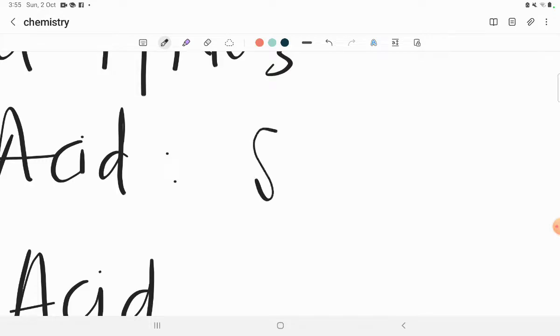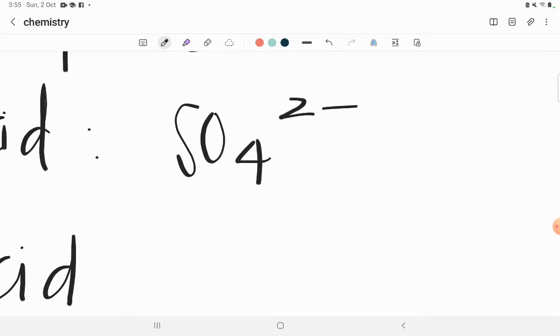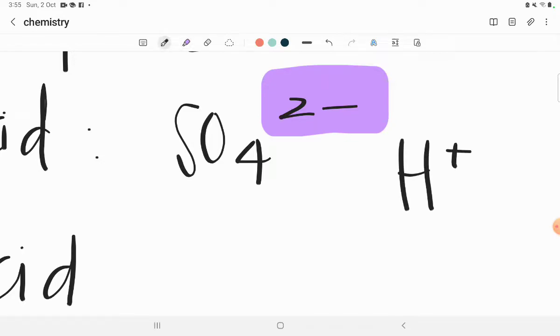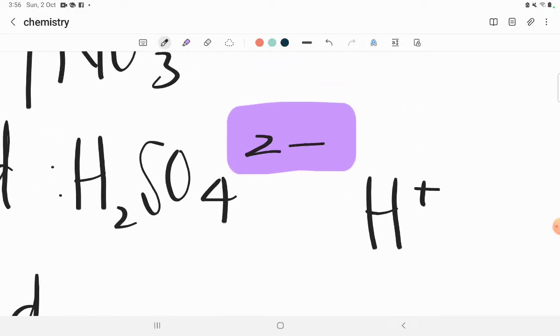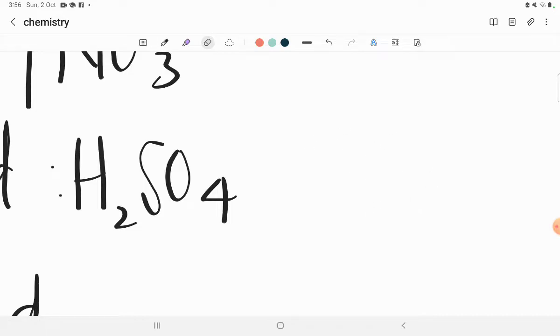It is SO4 2 minus. The charge for one hydrogen is plus, so we need 2 hydrogens to cancel out the 2 minus. So H2SO4, 2 plus and 2 minus.